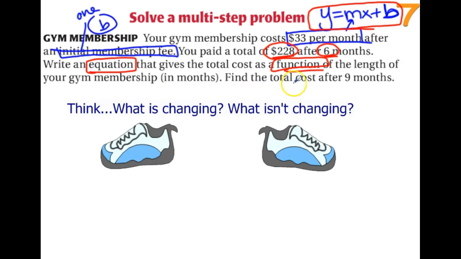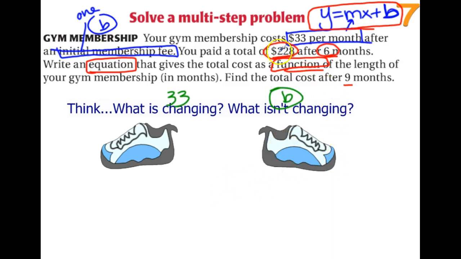And then once we have an equation, find the cost after 9 months. So it says, think, what's changing, what isn't changing? Well, what's changing, our cost is repeating itself, or you have to pay that every single month, the 33. What isn't changing? Well, our initial membership fee is a one-time fee, but we don't know what that is.